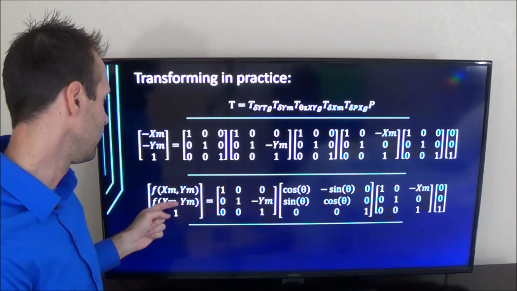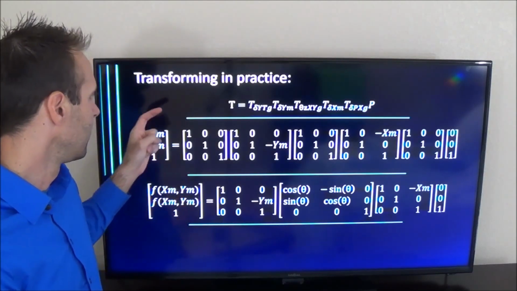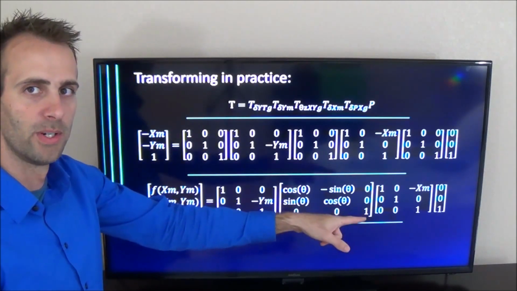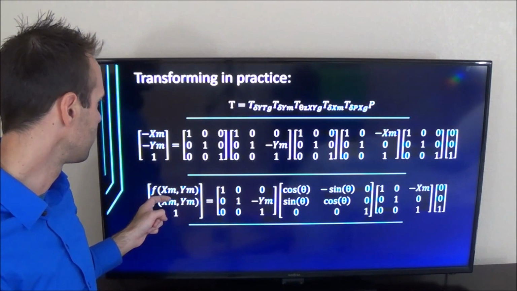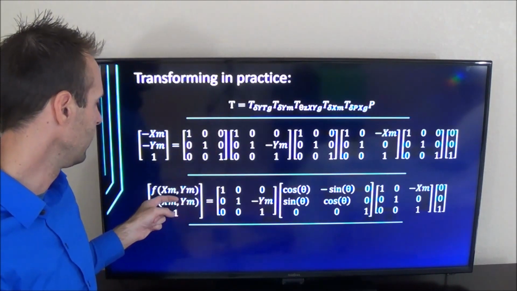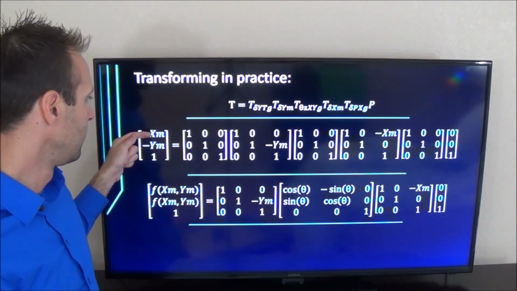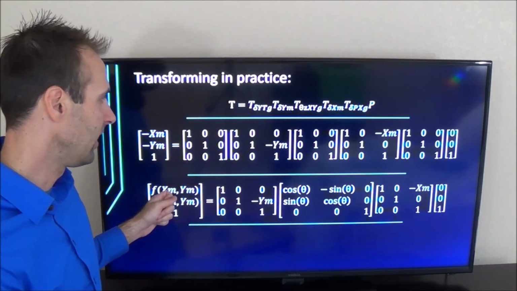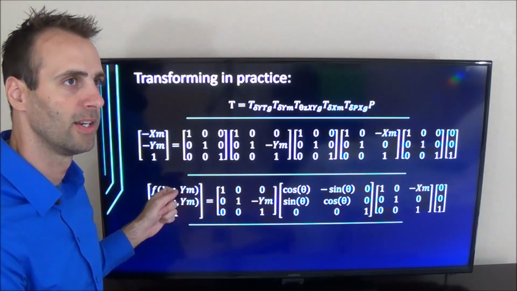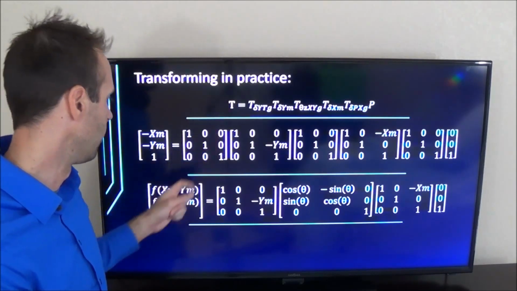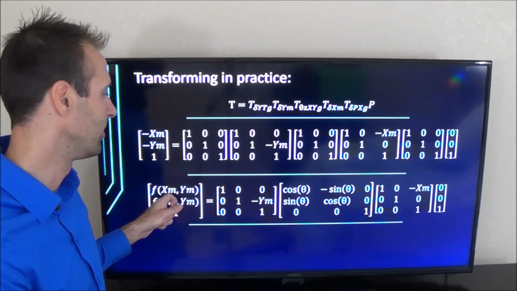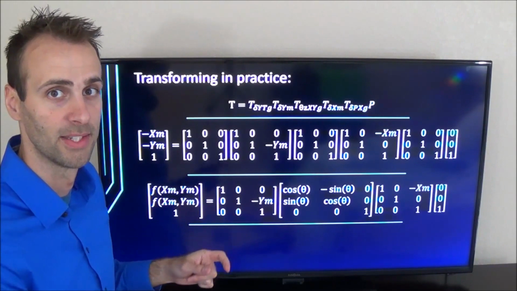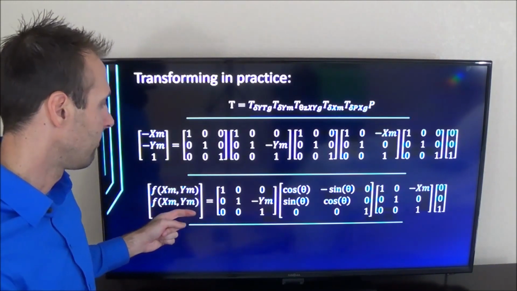Well, now all of a sudden my forward equation comes from, well, now my tool coordinate is no longer just, these don't go straight through. Now my X coordinate in my tool coordinate system is a function of my measured motion of both Y and X. Okay, and that follows through here.